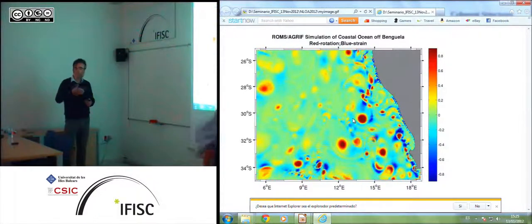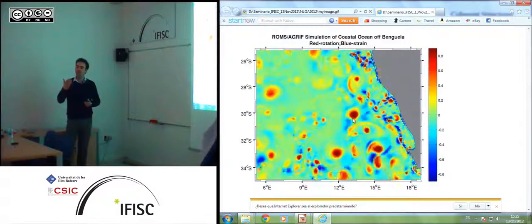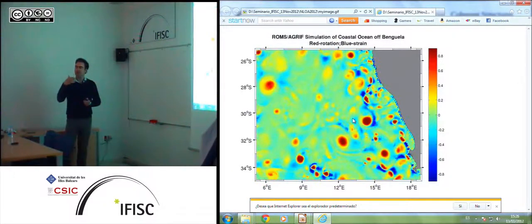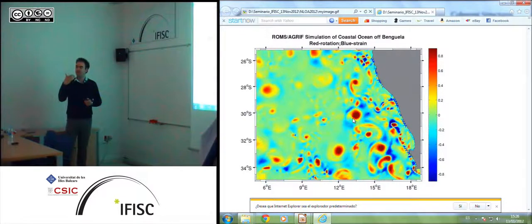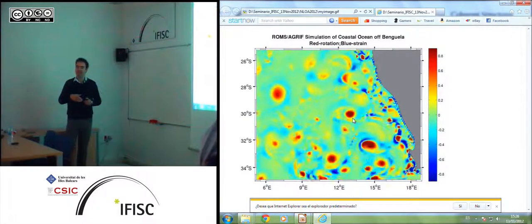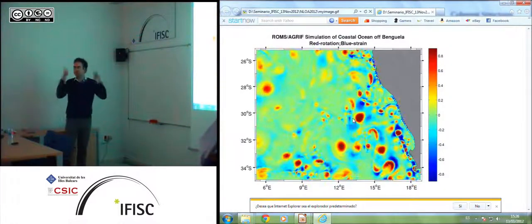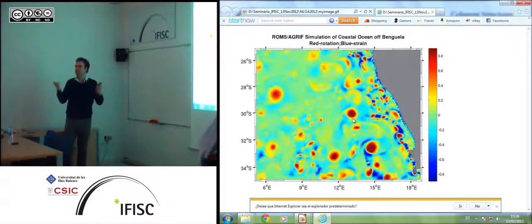Because in the ocean you have several scales of motion. You have the micro scale up to the basin scale, like the width of an ocean.